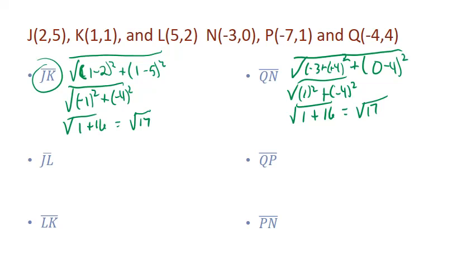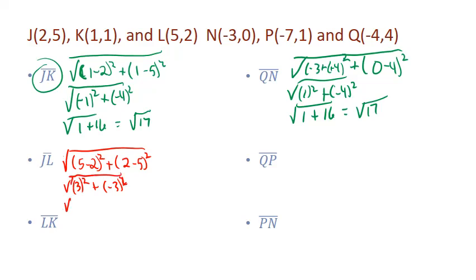Now let's look at JL. All right, same way. I'm taking the square root. I'm going to use L as my 2 coordinates, J as my 1 coordinates. So I've got 5 minus 2 squared plus 2 minus 5 squared, square root of all that. Let's see, 5 minus 2 is 3, so that's 3 squared, plus 2 minus 5 is -3 squared, square root of that.